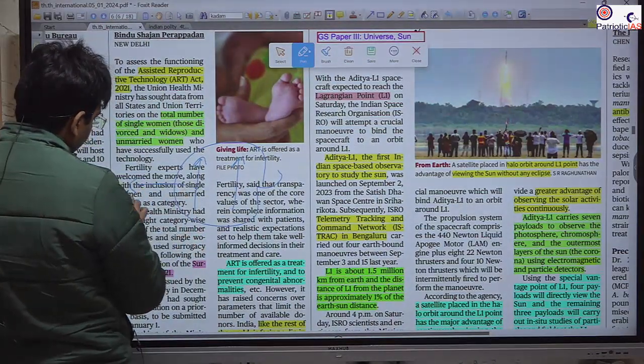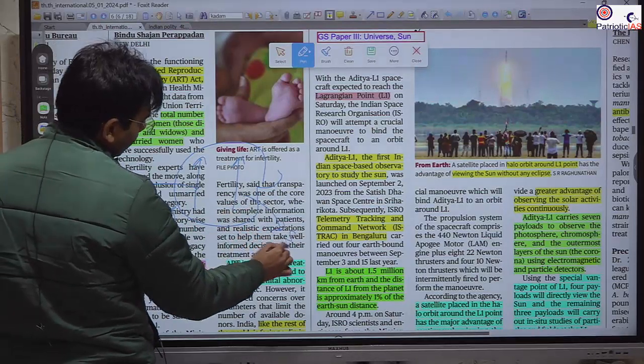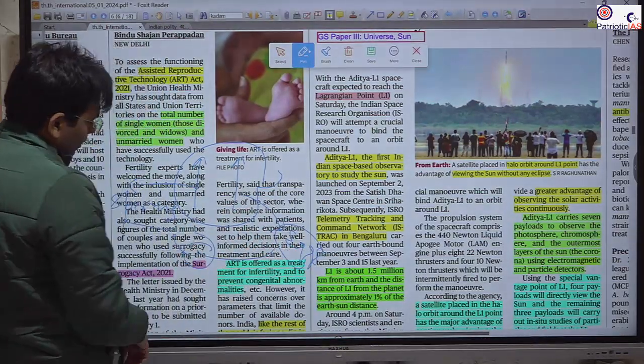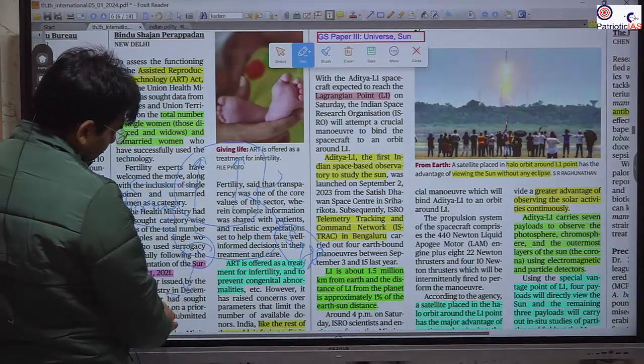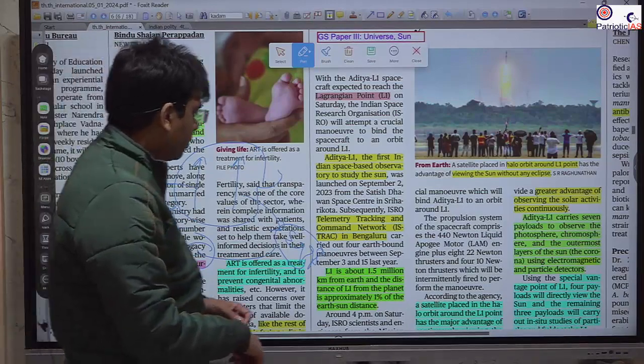The sperms come from the male and eggs come from the female, and it's turned into the zygotes. Okay.